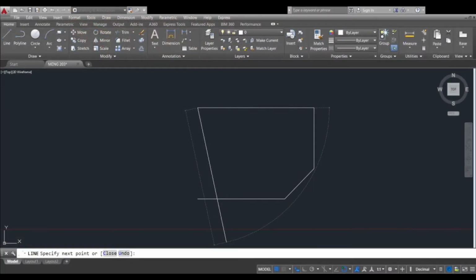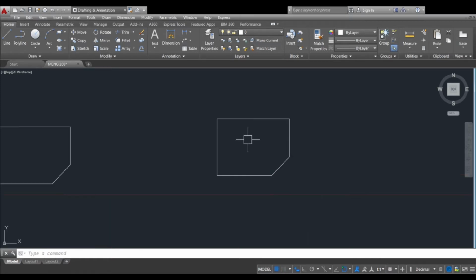So our coordinate will be @3 angle negative 90. Okay, so that is our figure.